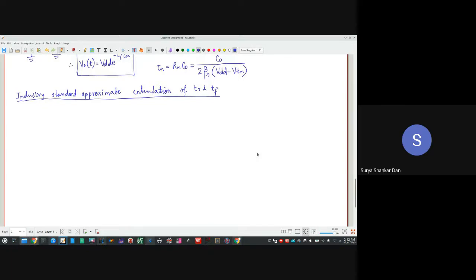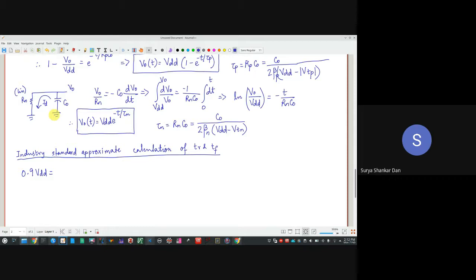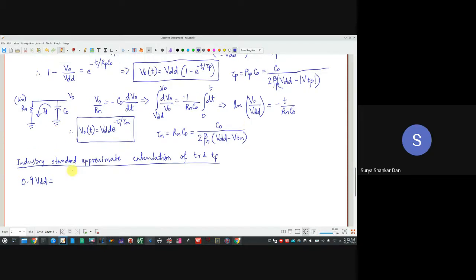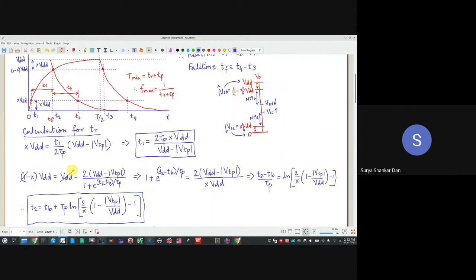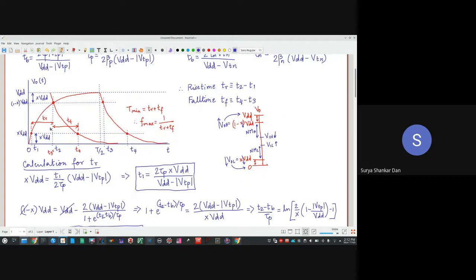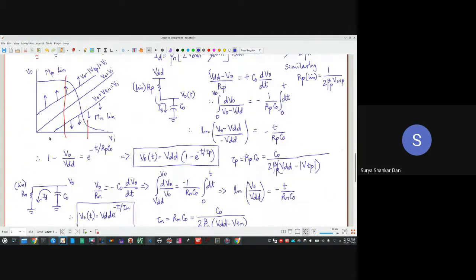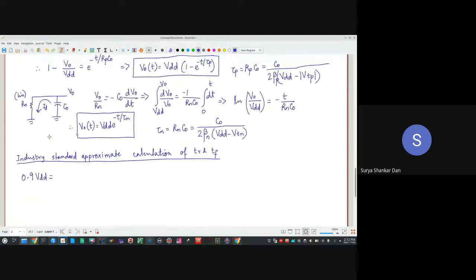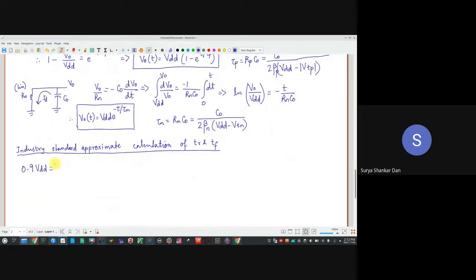So if we know 10%, then we will simply put 0.9 VDD is equal to VDD times 1 minus e to the power of minus T2 by tau.